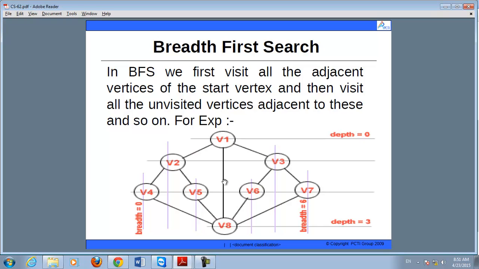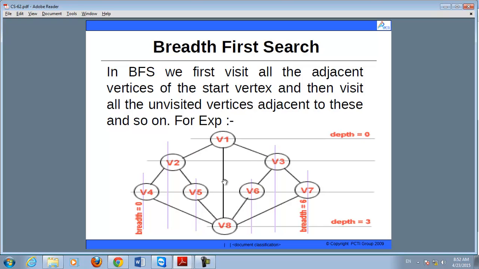Now what is BFS? In DFS, you visit nodes starting from one node and move to the descendants of that particular node. You keep moving in depth till you reach the end of that particular node. In BFS, all the adjacent vertices will be visited.